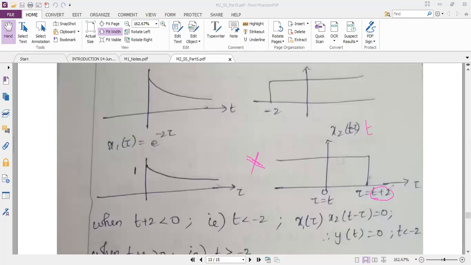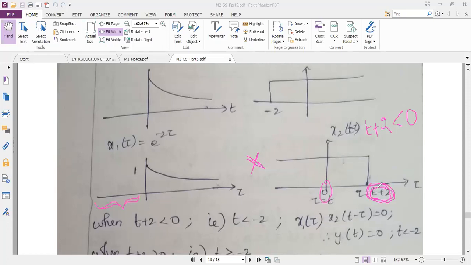Normally, don't say directly like that because you may get confused. I told you this is a hint, t plus 2 I should consider. When t plus 2 is less than 0, is it right? Yes, ma'am.